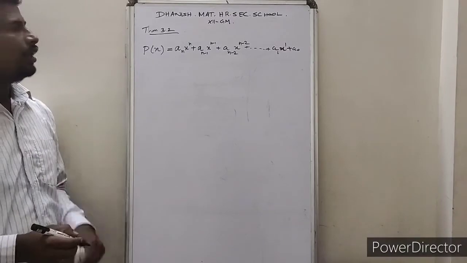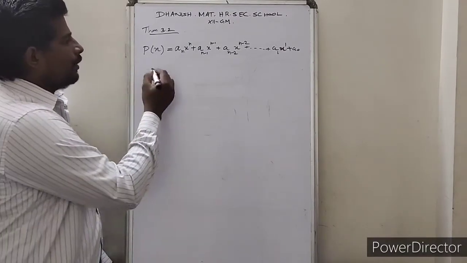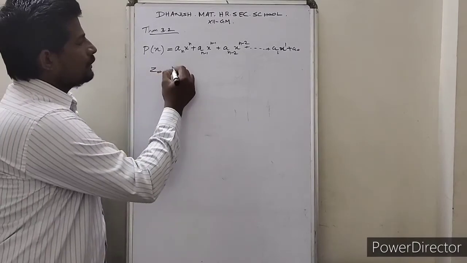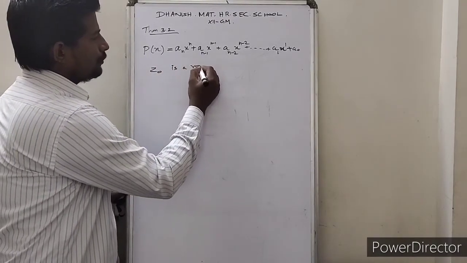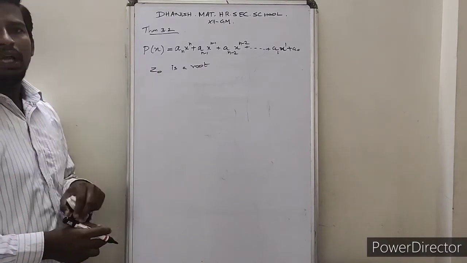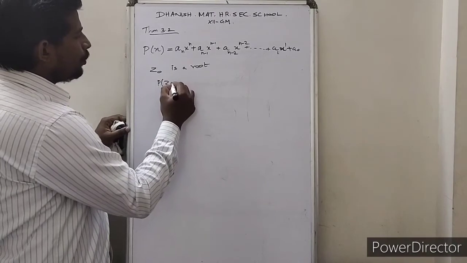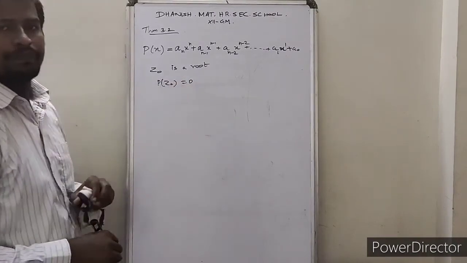Now we have our polynomial p of x. Now we take z0 as a root. Then p of z0 equals 0.